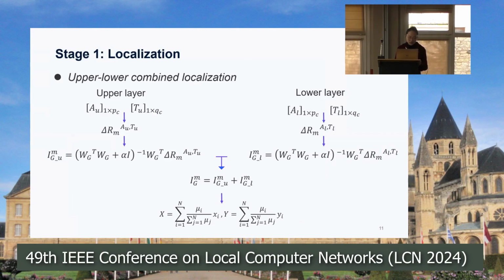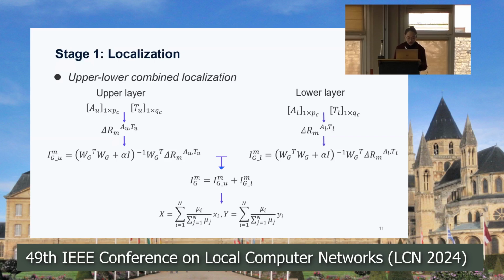In the localization module, upper-lower combined localization is performed to achieve the real-time location of the human, specifically giving the two layers of antennas as AU and AL. The corresponding tag lines can be expressed as TU and TL. The first step is to capture two subsets of delta RM, representing the differences between the real-time and the background signals of the upper and the lower links.